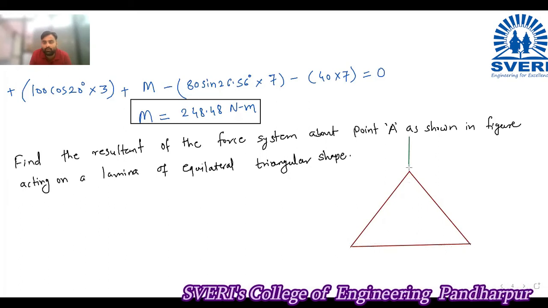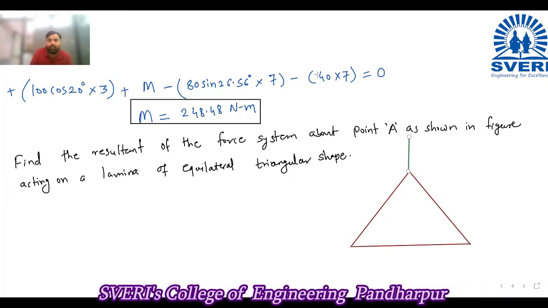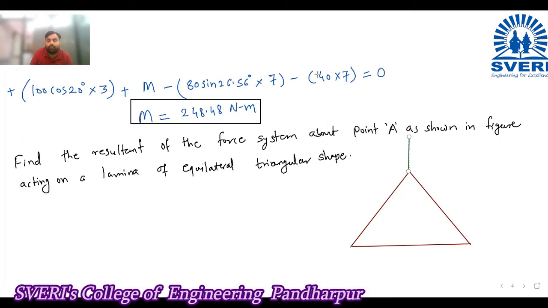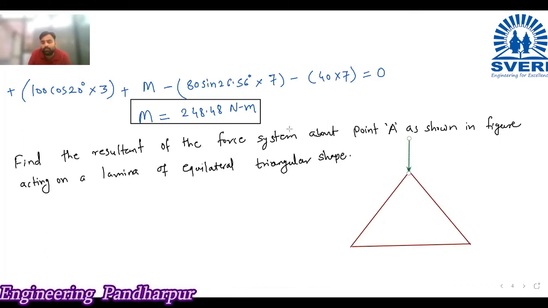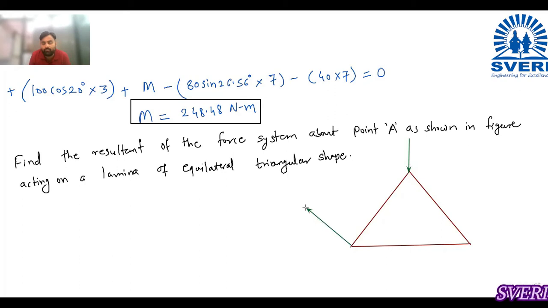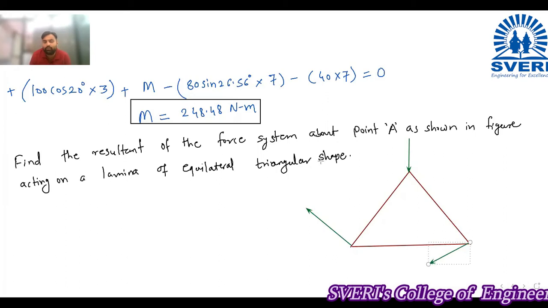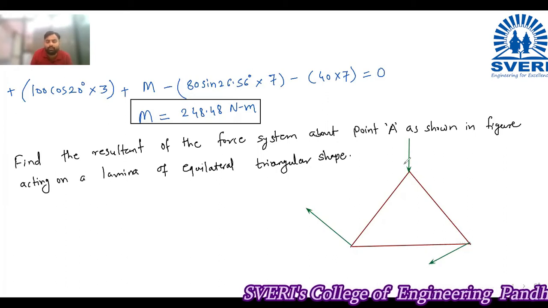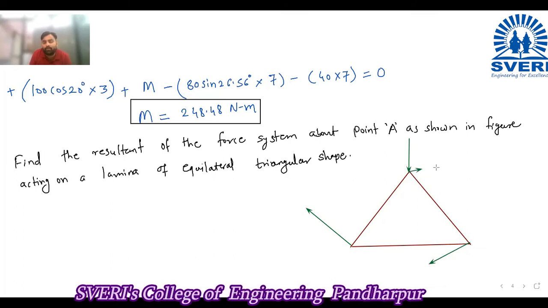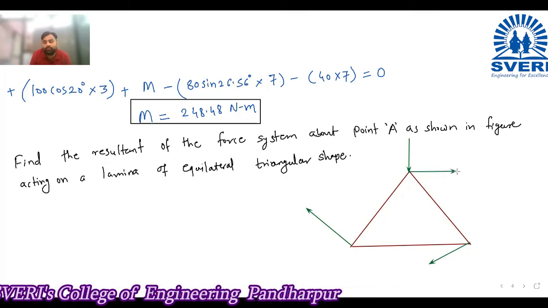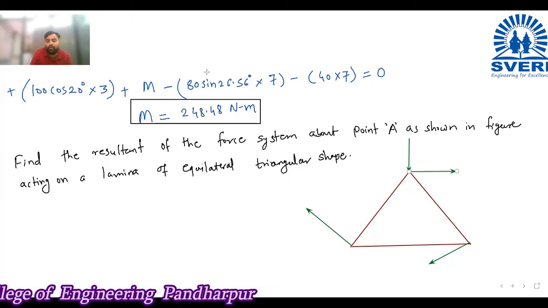Here it is the force of 80 Newton. Then here it is 100 Newton. And here it is 120 Newton. So I will write the angles. One more force is there. Here also in this direction also. So I will write the dimension.